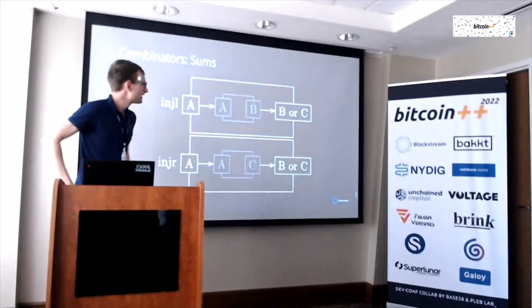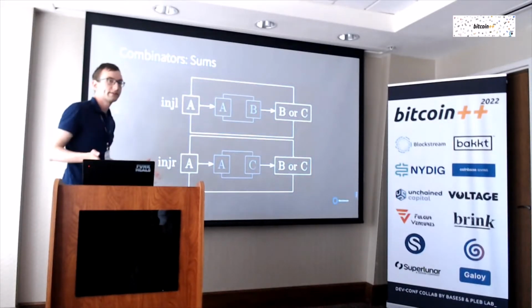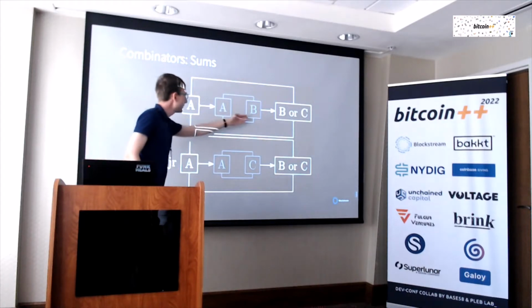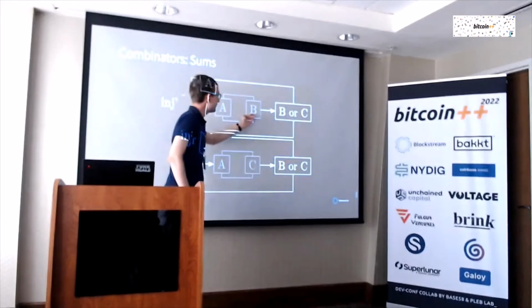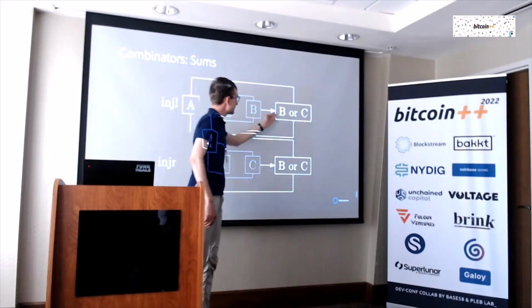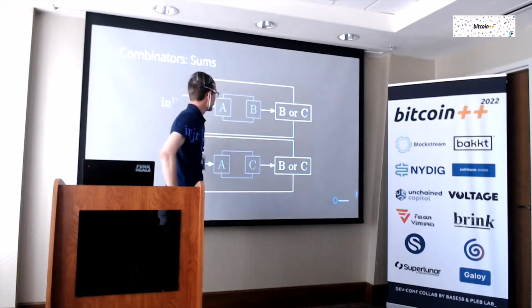Okay. What about sums? So I talked about how we represent bits and sums and so on. And what we can do is we can use the left and right injection to take a circuit from A to B, and then the left injection wraps its output B in left of B, and then the output type is B or C, or B plus C in the previous notation.